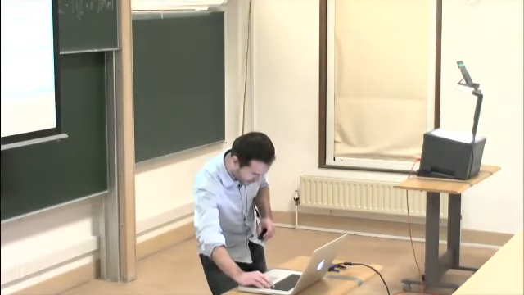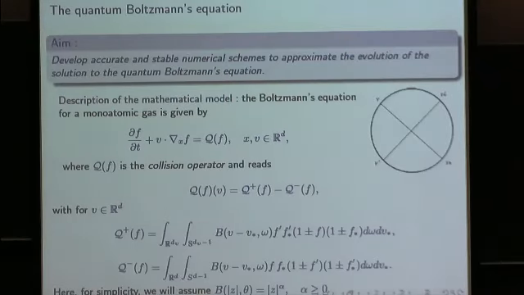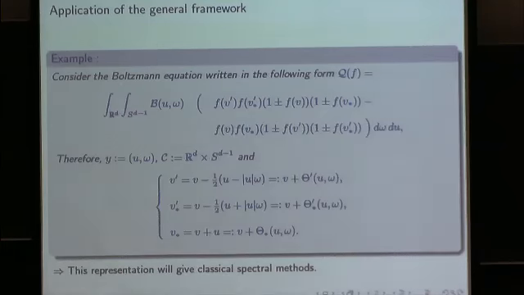First, you can observe that the Boltzmann equation that I have written before is not in this form. So I have to perform some change of variable. For instance, if I set in the quantum Boltzmann operator u equal to v minus v star, the relative velocity, then the Q of f can indeed be written in the previous form.